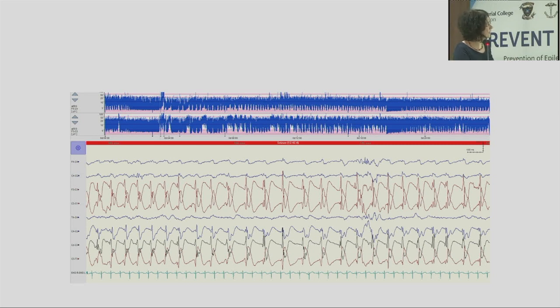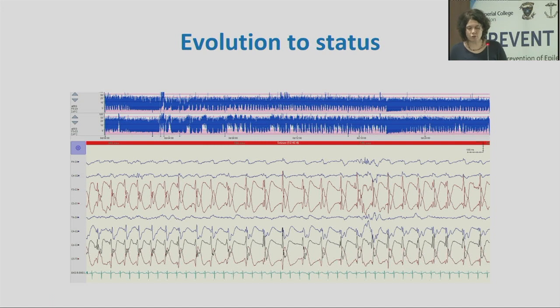So here you have single seizures, and then you have a period of status epilepticus, and here possibly phenobarbital was given, a short period where the baby was better, and then the status reappeared. So you have an evolution to status. Again, the aEEG confirms that you have high amplitude discharges.